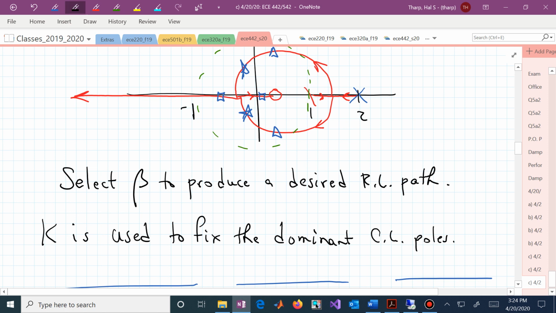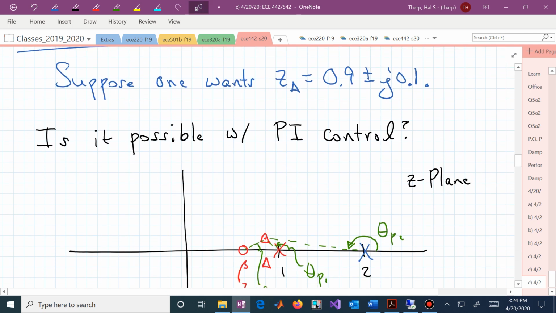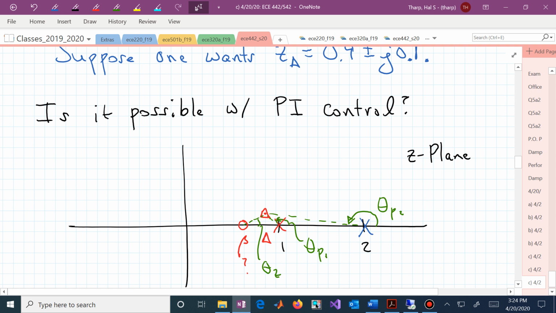Is that even possible with a PI controller? So now let's see. Well, now we can use our root locus design knowledge to determine, can we end up with the root locus branches going through these triangles at 0.9 plus and minus j0.1?